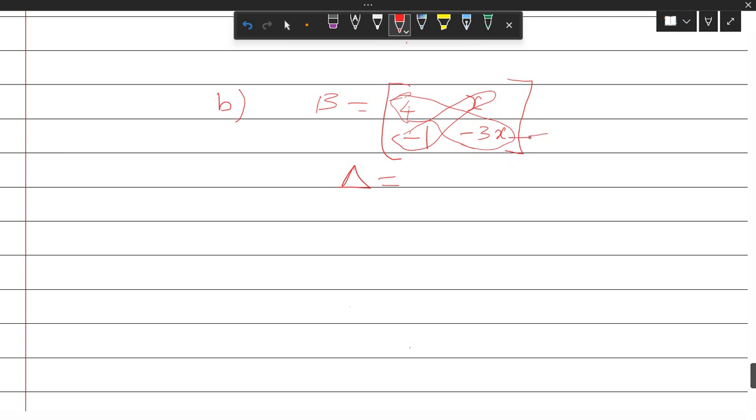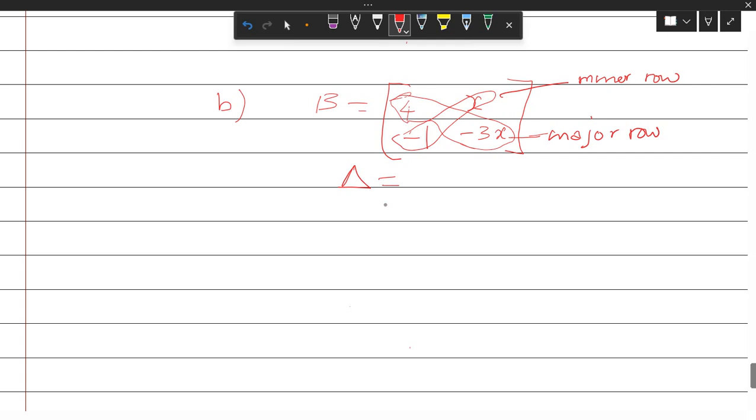We call this the major diagonal. Then this one, we call it the minor diagonal.